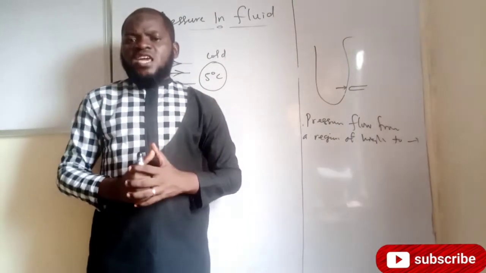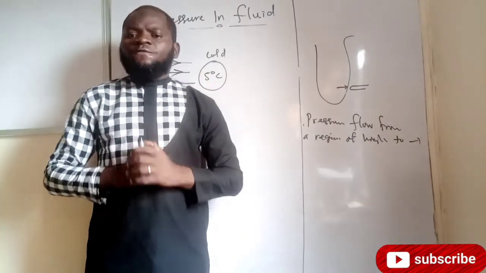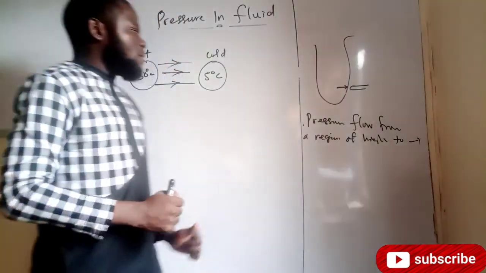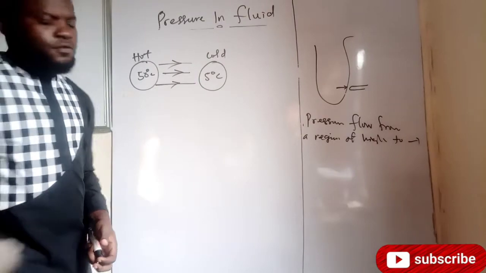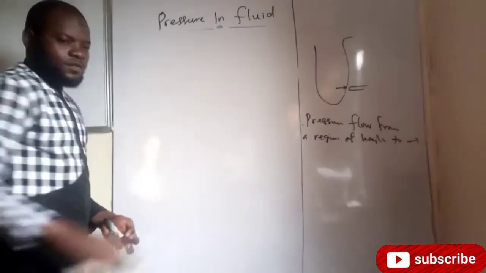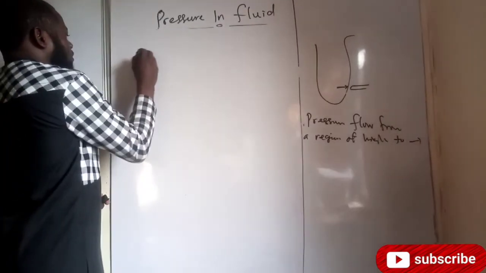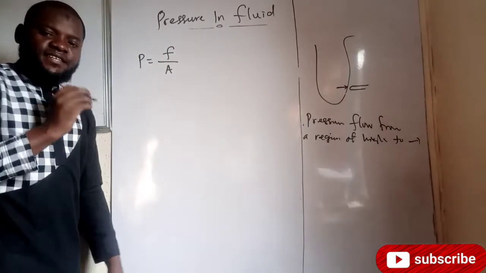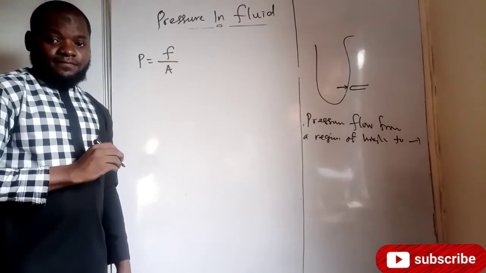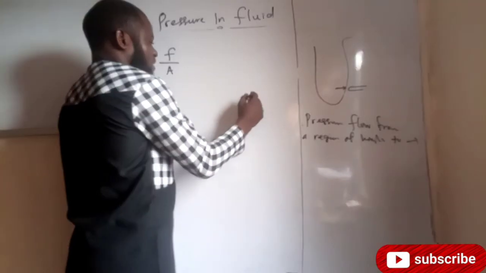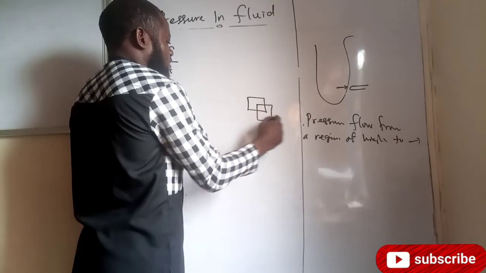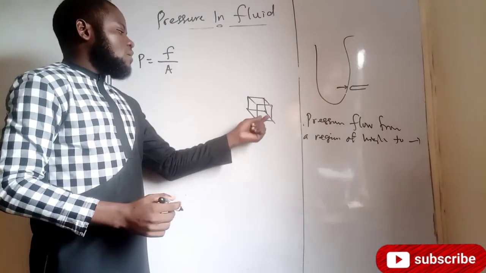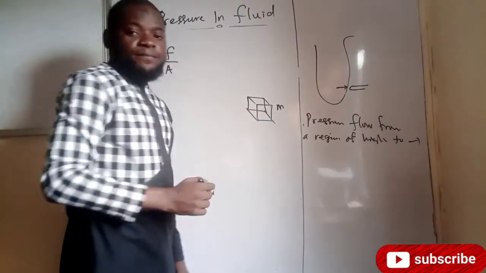If we understand this, how then can we measure pressure in a fluid? To measure pressure in a fluid, we also go back to the formula of pressure. Remember that pressure is actually a perpendicular force divided by the area in contact. Now, if I have a solid on a table, this solid has a mass m.